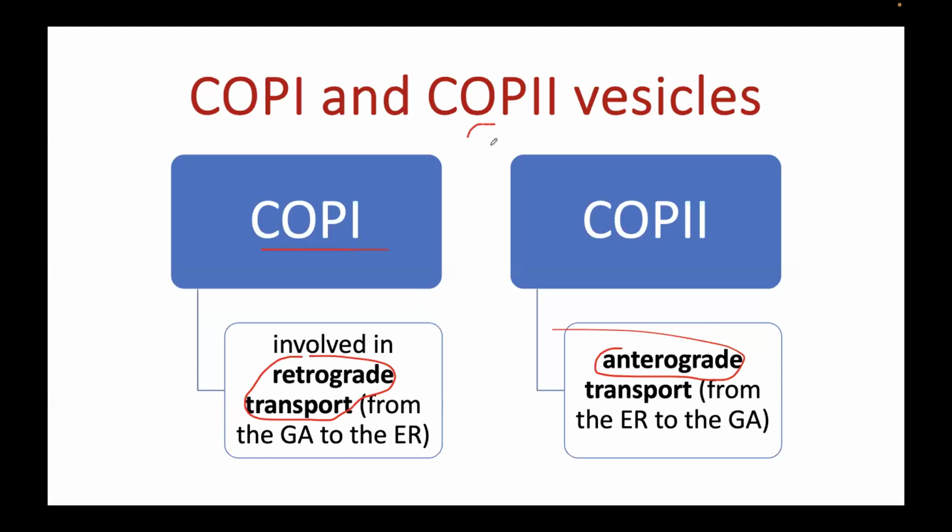The normal direction of transport or movement is from endoplasmic reticulum to Golgi. That is anterograde, and the reverse is retrograde. You can do it bidirectional. So in this case, just remember COP1 and COP2.